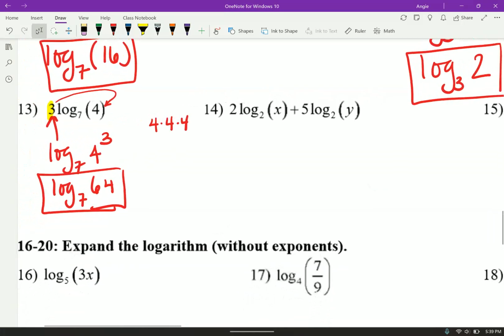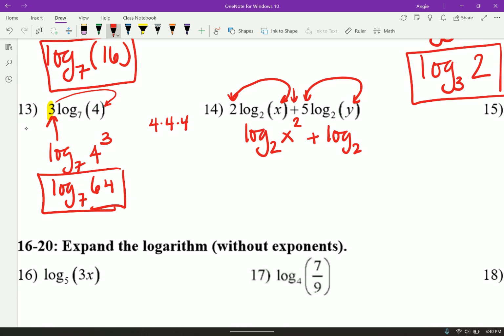For 14, we have two coefficients, the 2 and the 5, and we have an addition in the middle. So first, let's just rewrite it without the coefficients. Remember, the coefficient becomes the power. So log base 2 of x to the second plus log base 2 of y to the fifth.